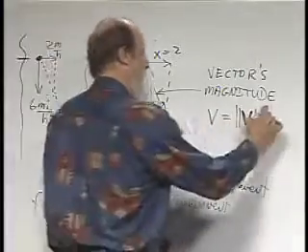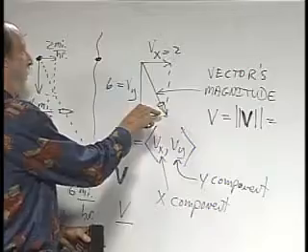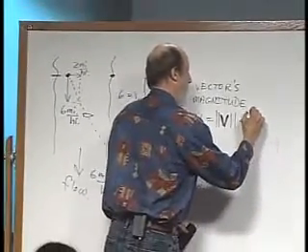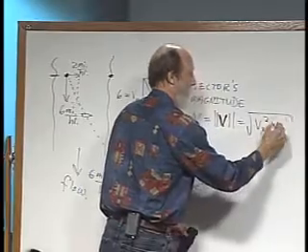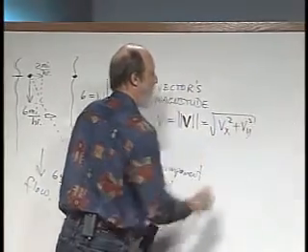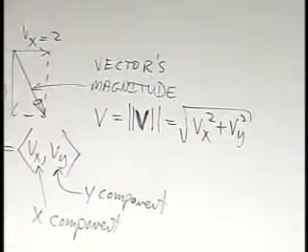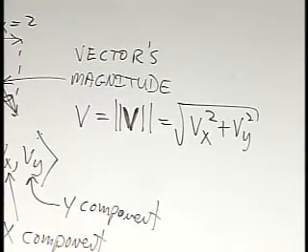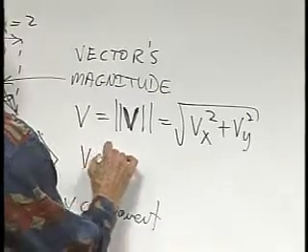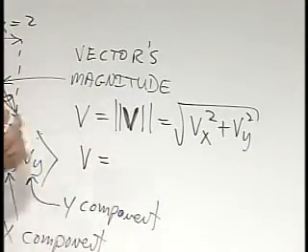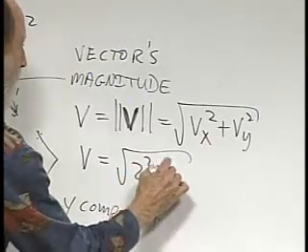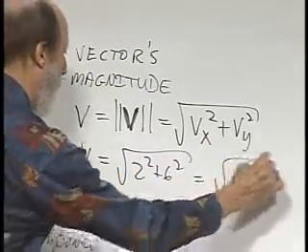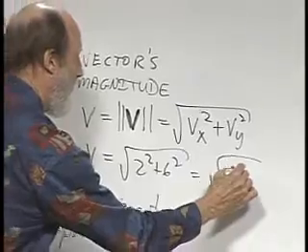And what that is going to be, you can see it from the picture here, is the Pythagorean theorem, like Joshua said. It's the square root of the sum of the squares of the components. So in this particular problem, the magnitude of the speed the boat will travel is equal to the square root of 2 squared plus 6 squared, which is the square root of 40.